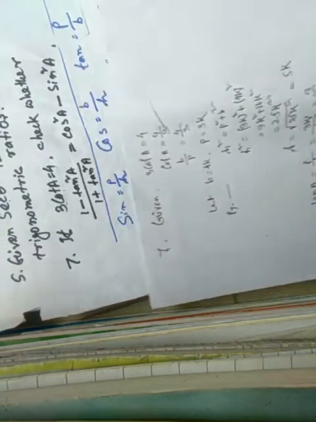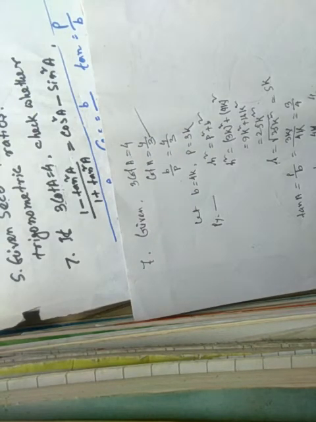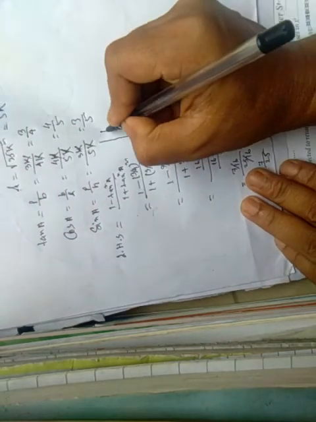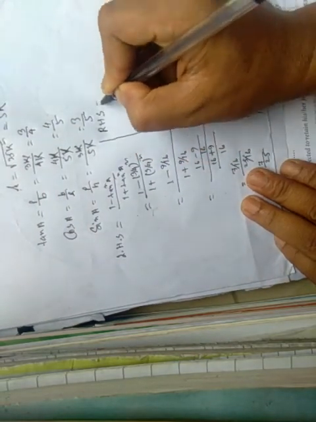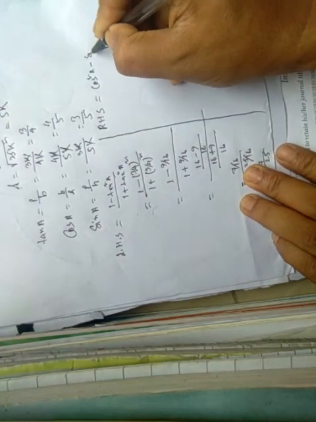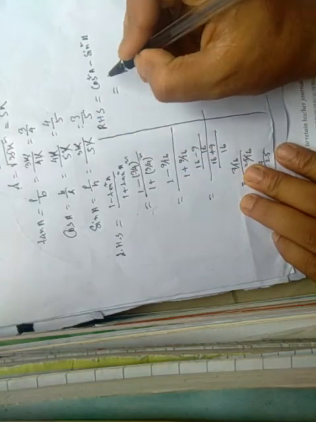Now we should find the result of the right hand side, which is cos square A minus sin square A. If the result becomes 7 by 25, then we say that these are equal. So, right hand side, cos square A minus sin square A. What is the value of cos square A? 4 by 5.